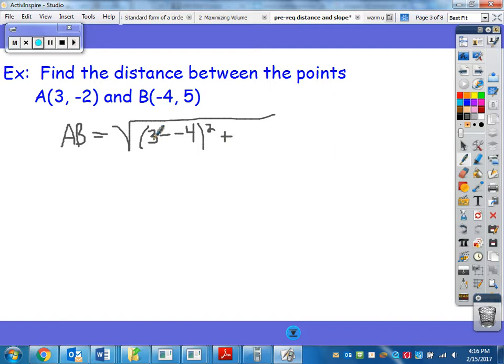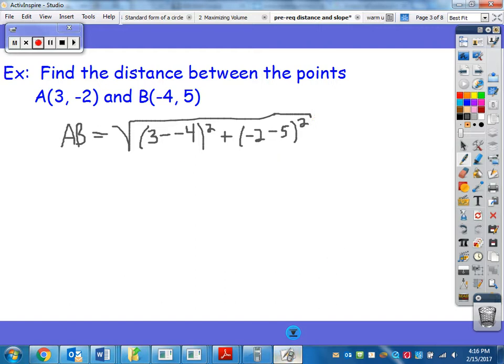I put the 3 first here, and the 3 was in point A, so that means I have to use the y coordinate from point A when I plug it into the formula first. So I have to put this one as -2 minus 5. It doesn't really matter which one you put first for your x's, but it matters that when you plug in for your y's, you go from the same ordered pair that you started with.